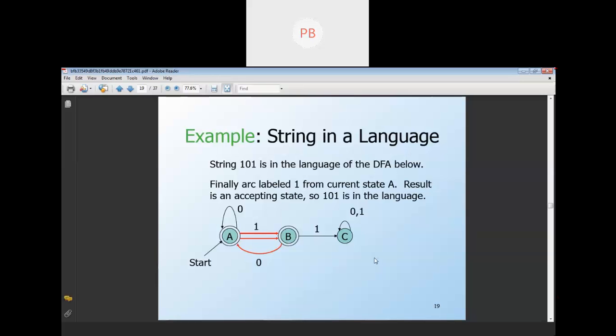And L of A, if A is the automaton or the DFA, then L of A is the language.